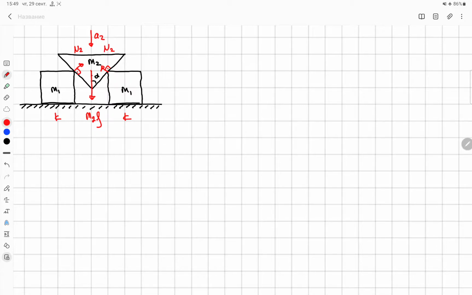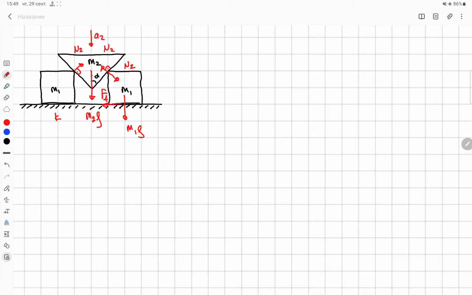Now let's come to M1. We can consider only one of the M1 because they are identical. They will have the same acceleration in terms of magnitude. So that's why I will consider only one of them. Here we have M1G. In this direction we have the same reaction force N2 and the friction force to the left.